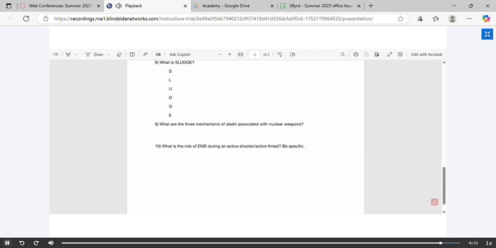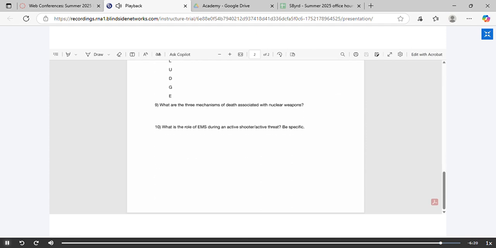Number 9, what are the 3 mechanisms of death associated with nuclear weapons? So nuclear weapons, the 3 things. We've got the blast, that explosive blast, and we'll review blast injuries in just a moment. But the first one is the blast. The second is the thermal radiation, the heat that comes off the blast. 35% of the blast is heat.